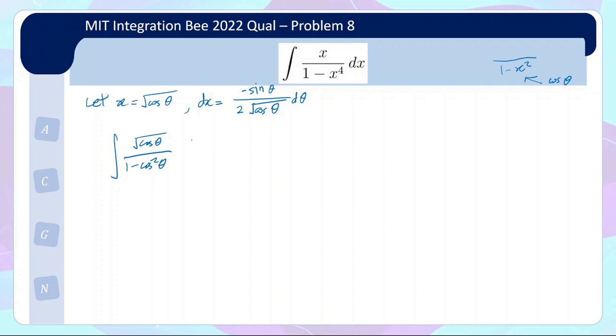And then dx is minus sine theta over 2 square root cos theta d theta. Very nicely, the square root cos theta cancels. So you have the integral of half, and then you have 1 over, actually it's minus 1 over sine theta d theta.